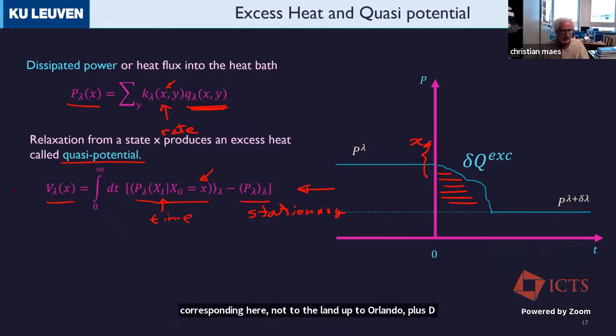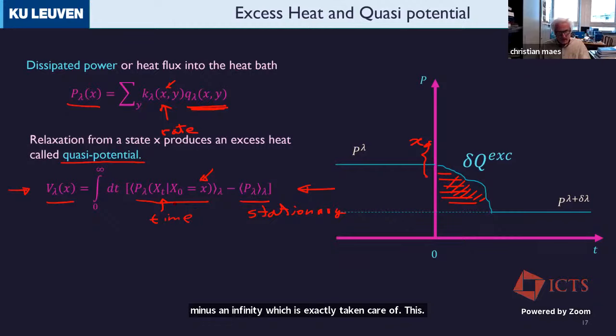Anyway, I think it's intuitively clear, and I'm not doing the quasi-static analysis here, that this quasi-potential could be exactly related to that excess heat as the time integral of the excess power. So it's like an infinity minus an infinity, which is exactly taking care of this excess heat.